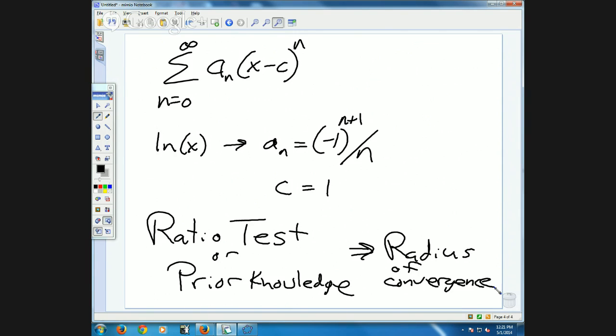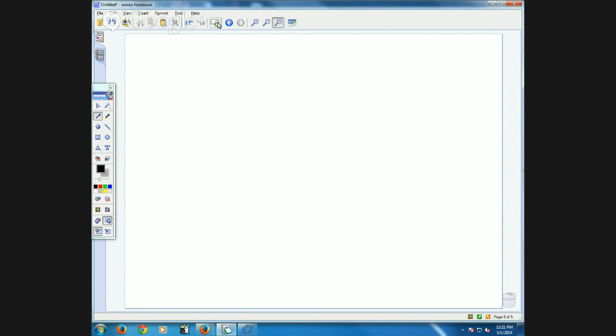And so we're just going to play around today with finding centers and radius of convergence for different series, and then we'll go over a new way to discover series that I haven't talked about yet. So let's see, we're going to go back to the natural log series.